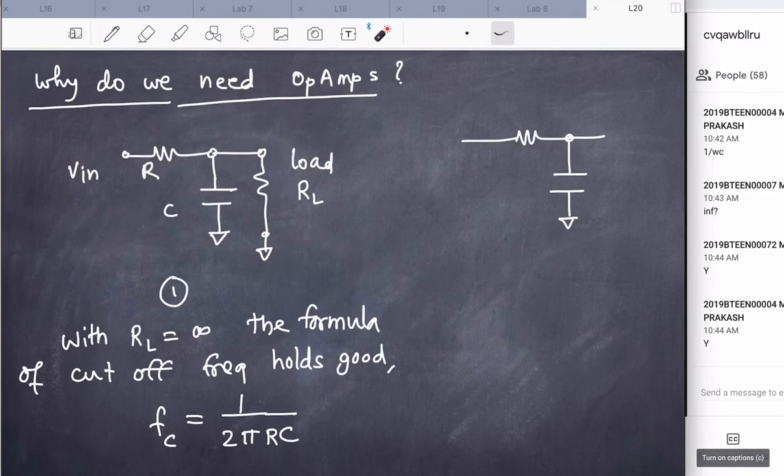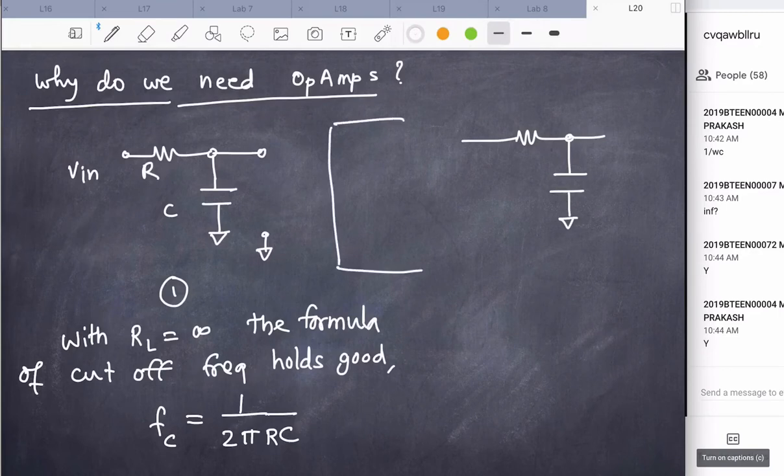As long as you were not connecting it, it was not part, and therefore only RC was giving this formula. But now you have connected some load, because you have to connect the output of the RC filter to some circuit. That circuit will have some input resistance. For example, suppose this RC filter is connected with some system which has an input resistance of say 1 mega ohm.